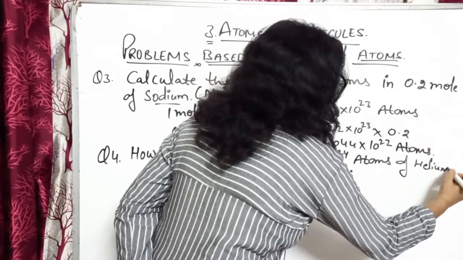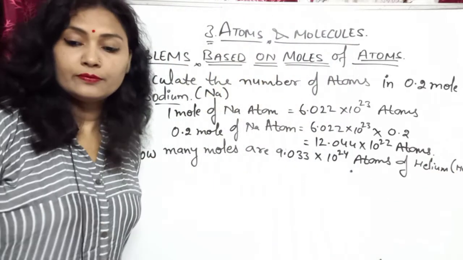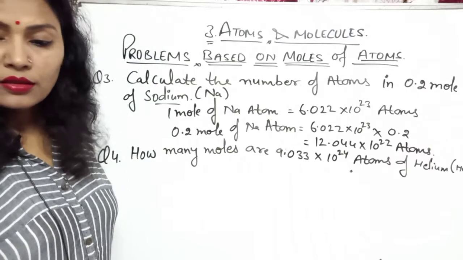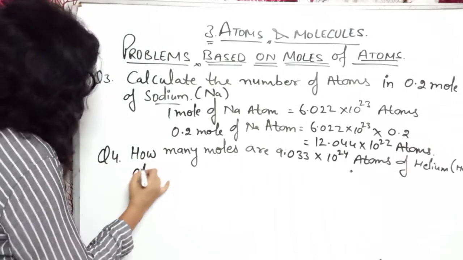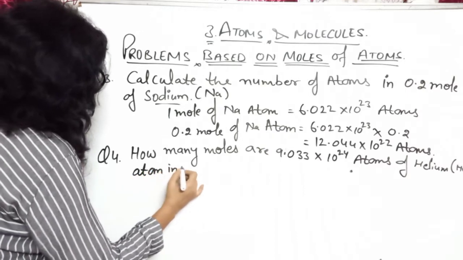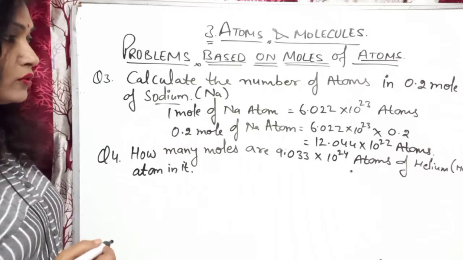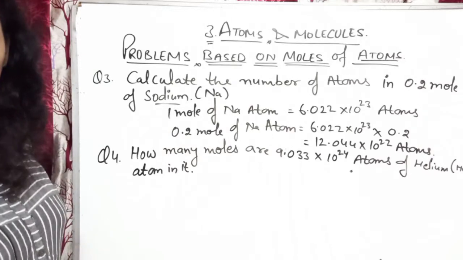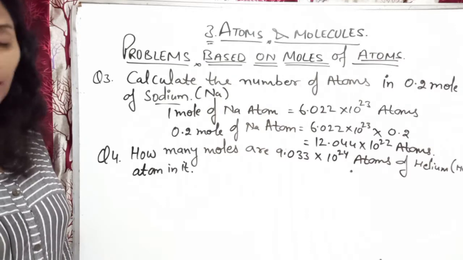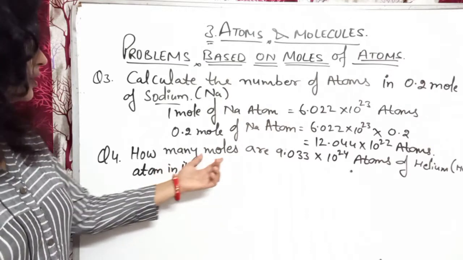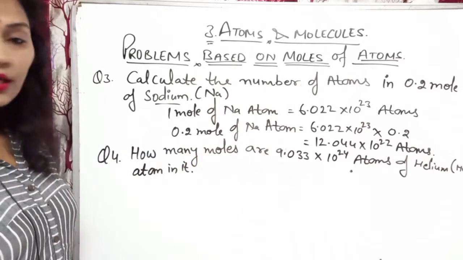You know the symbol of helium is capital H and small e. So we have to find out how many atoms of helium are present, and how many moles there are. The number of atoms is given.